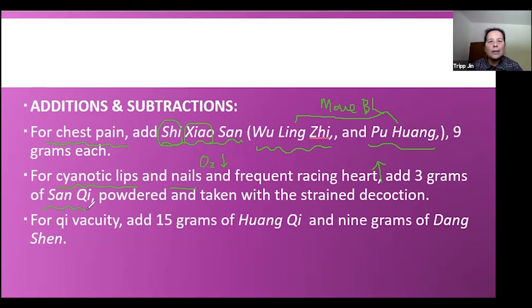So we can add 三七, a pretty good herb that stops bleeding without causing blood stasis; it moves blood and stops bleeding. 三七 is a little expensive, so we powder it, cook the other herbs first, then put the powder into the decoction. Only 3 grams, because we use it as powder. And for qi deficiency, we still add 黄芪 and 党参, which we talked about already.